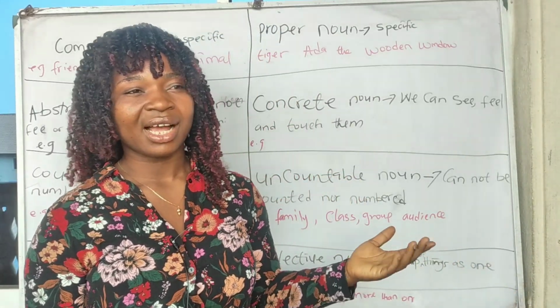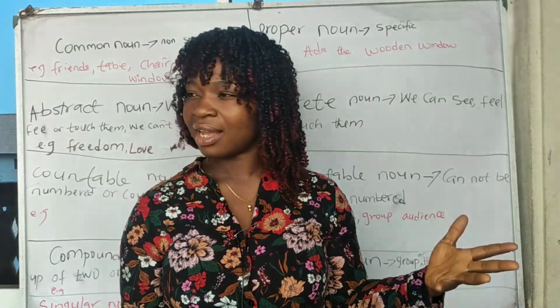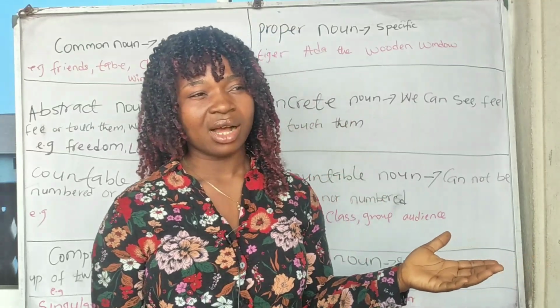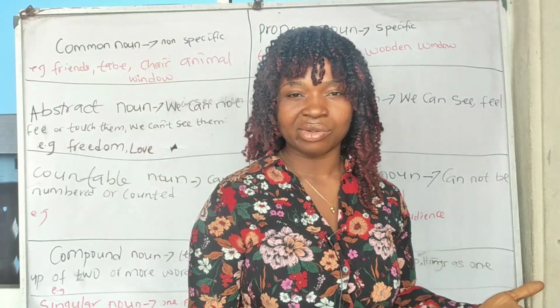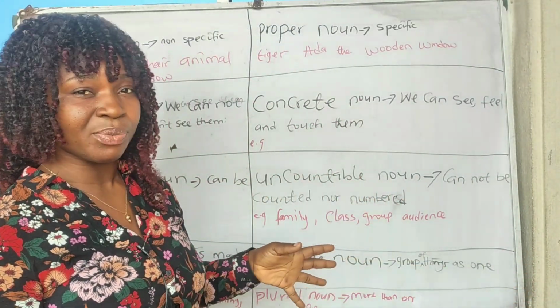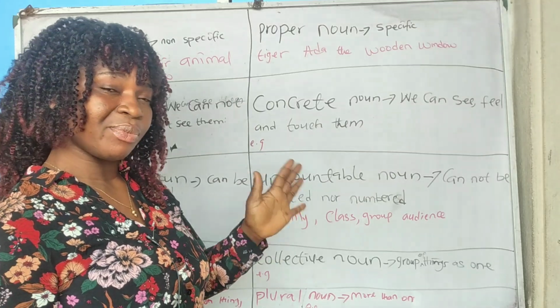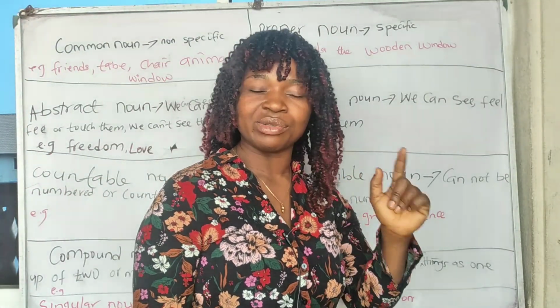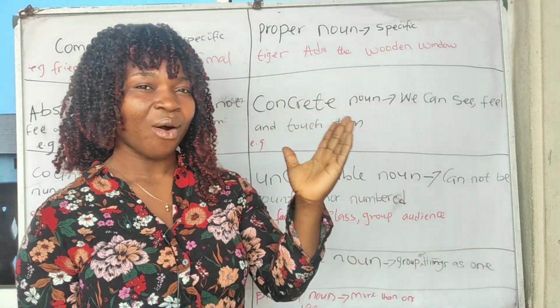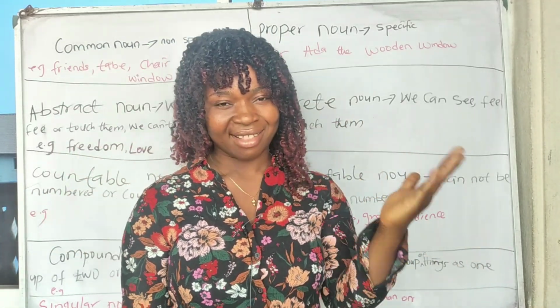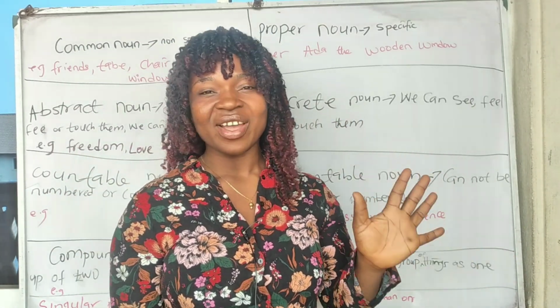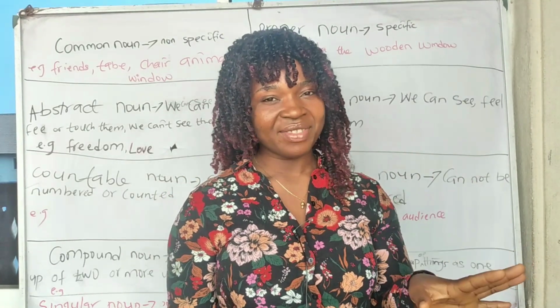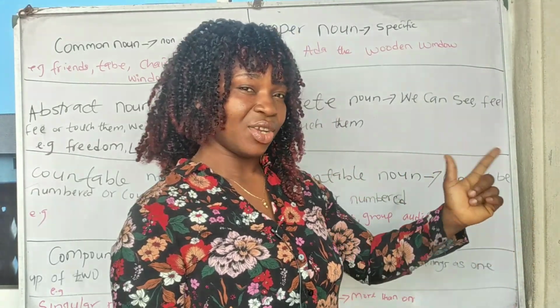We can actually count tables, we can actually count houses, things that are countable, okay? So those things that are not countable are uncountable nouns, whereas those ones we can count are countable nouns. So you can see how they are working in opposite direction. So if it is not countable, definitely it's going to be countable, the opposite side.